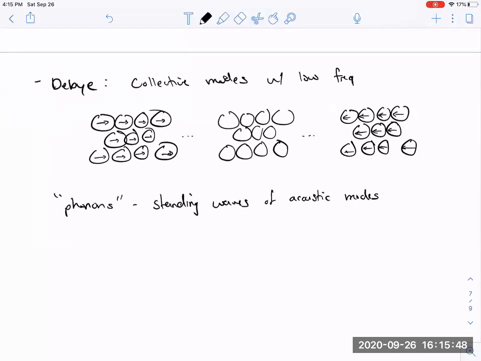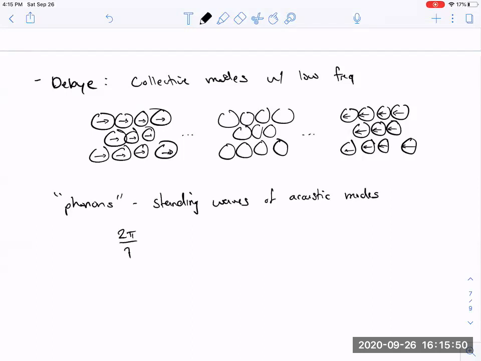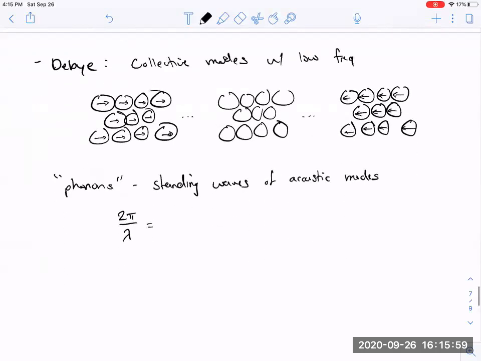Now, those standing waves have some period, so some lambda. 2 pi over the period spatially is a wave vector. And if it was acoustic, one could measure the corresponding propagation speed with which those standing waves moved. And there would be a so-called dispersion relationship that related that k to a corresponding frequency, which for acoustic modes he proposed to be linear.